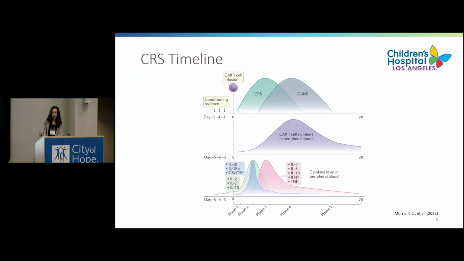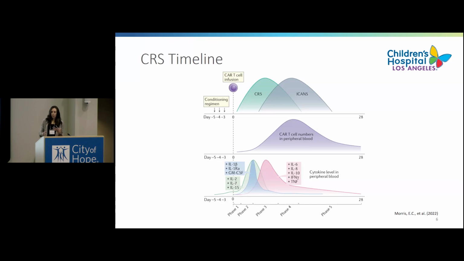It may vary depending on the type of protocol that you're using, but oftentimes it's day -5 to day -3. And then they have a couple days off, and then they get their CAR T cell infusion on day 0. CRS generally occurs within the first week or so after CARs are infused, and that can vary, of course, depending on the protocol and the type of CARs that you're giving.